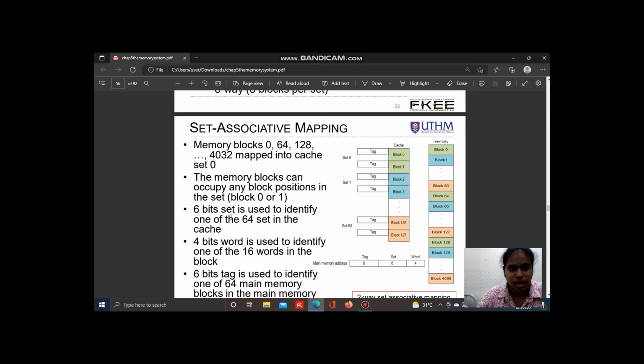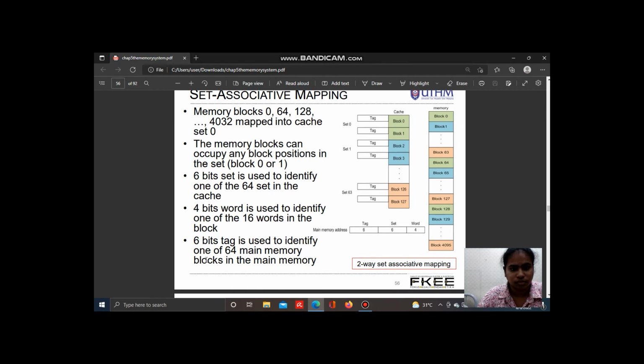A 6-bit set field is used to identify one of the 64 sets in the cache. A 4-bit word field is used to identify one of the 16 words in the block. A 6-bit tag is used to identify one of 64 main memory blocks.